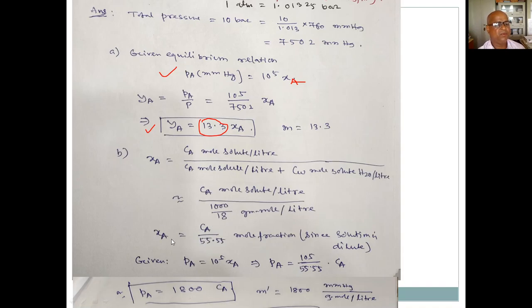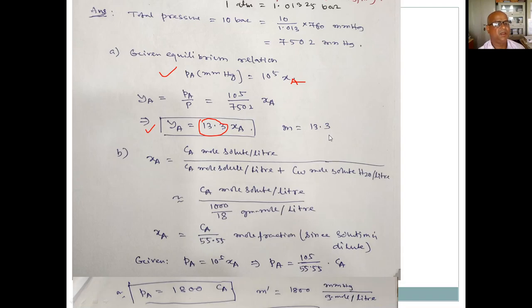Now I will put this in the equation: Pa equals 10 to the power 5 times Xa, and for Xa I put Ca by 55. So Pa equal to 1800 C. So in this case m dash equals 1800 millimeter mercury gram mole per liter.